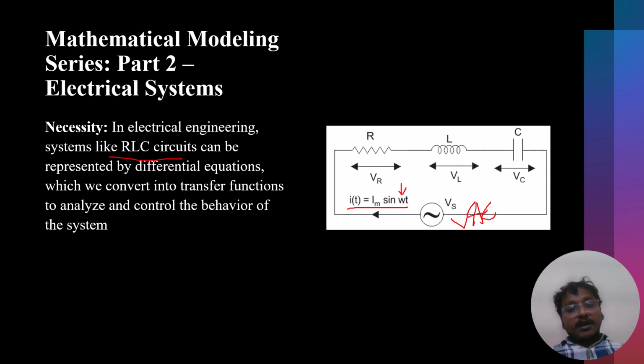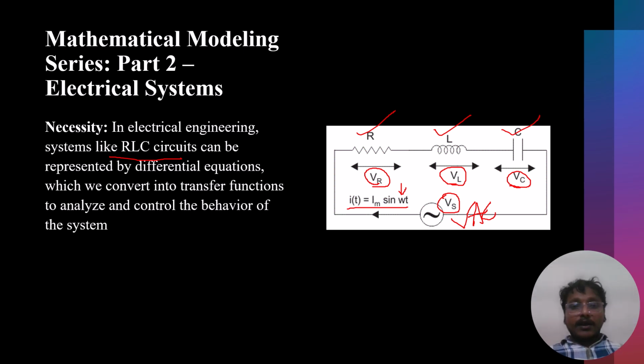The resistance, inductance and capacitance are all in series. The voltage across the resistance is VR, across the inductance is VL, and across the capacitor is VC. The supply voltage is VS, and the current flows through this total circuit.